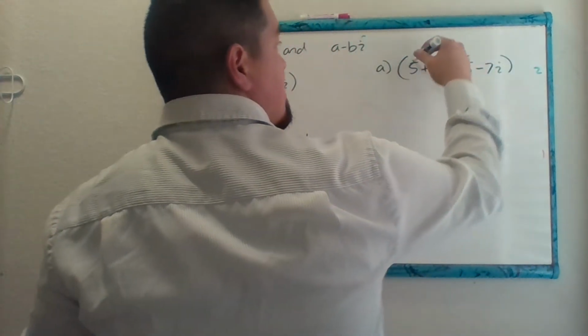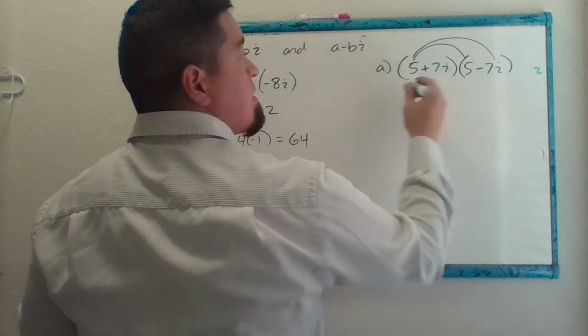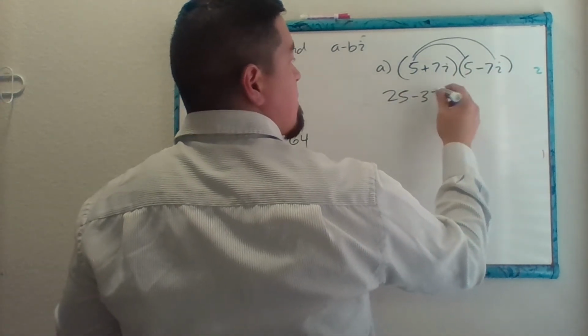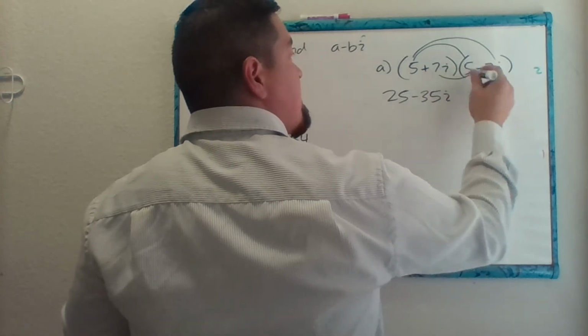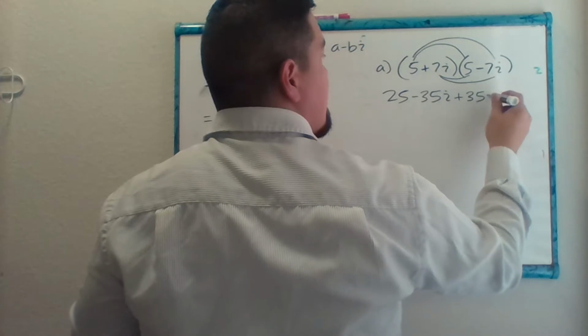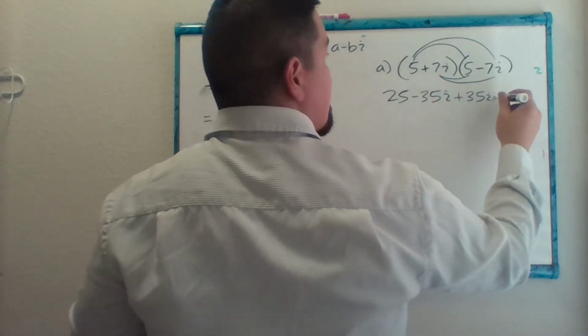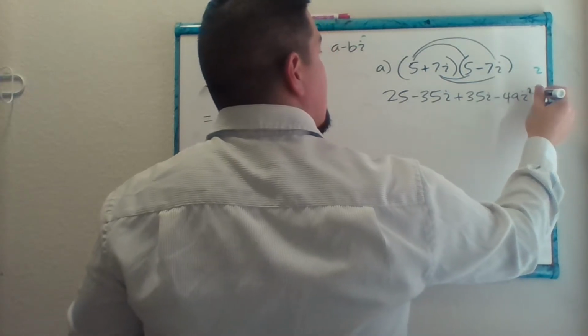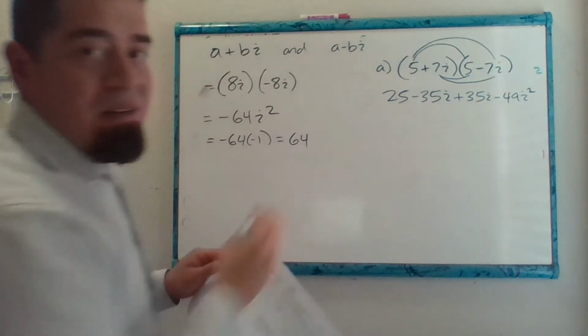So here, let's just work on it. 5 times 5 is 25. 5 times negative 7i is negative 35i. And then we're going to do 7i times both of these. 7i times 5, that's positive 35i. 7i times negative 7i, that's negative 49i squared. What happens in the middle here?